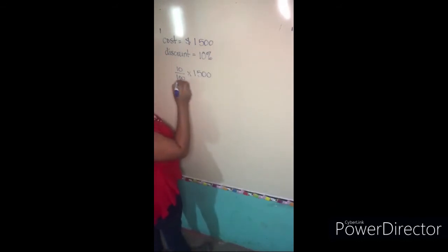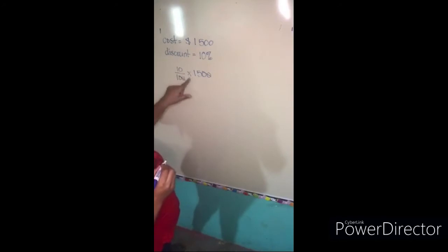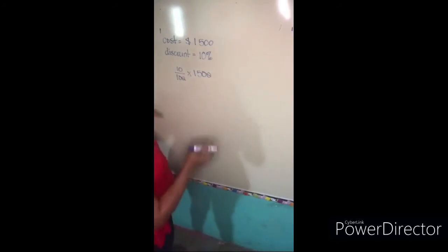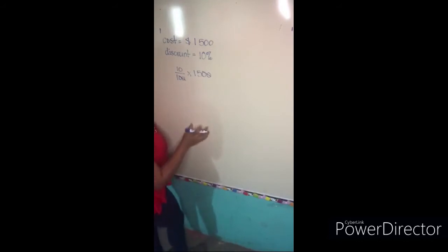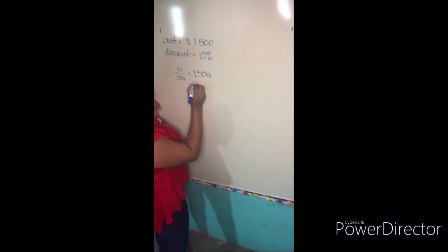So what we need to do, we just cancel both of the zeros. And we're left now with 10 times 15. All right? Now we can go through all the steps to multiply 10 times 15, or we can use the shortcut whereby if you are multiplying a number by 10, 10 has 1 zero, so you add a 0 to the end.